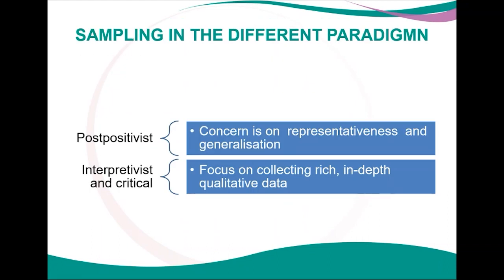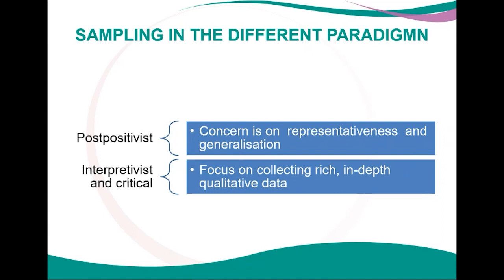Sampling in different paradigms. In the post-positivist paradigm, the concern is on representativeness and generalization. So that's what post-positivists are doing. The interpretivist and critical paradigms focus on collecting rich, in-depth qualitative data. Post-positivists are using quantitative data.